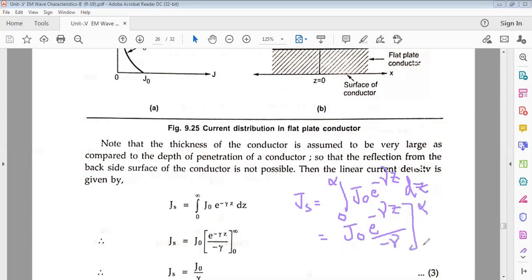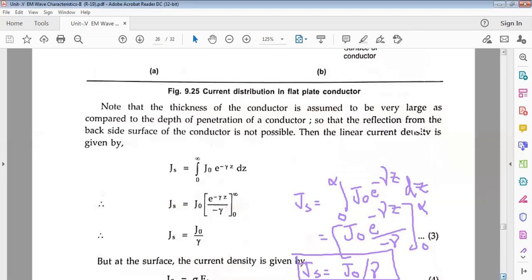The upper limit is infinite and the lower limit is 0. Js is equal to J naught into, substituting the upper limit infinite, e power infinite is 0, and for the lower limit, a minus of minus is a plus. E power 0 is 1, and we get J naught by gamma. Js is equal to J naught by gamma.